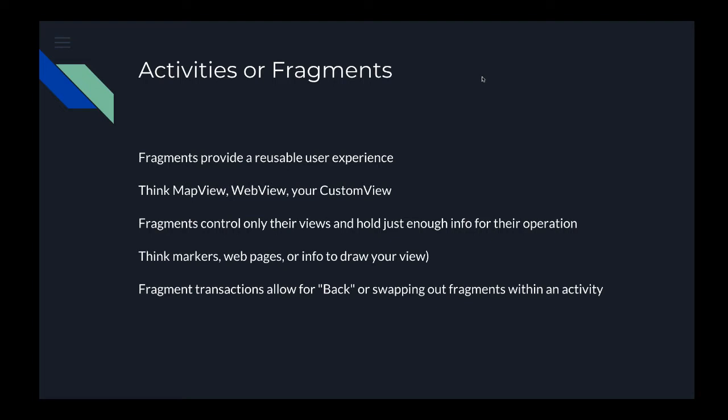So think about it this way: you have a URL bar, which is an edit text basically at the top, that will communicate to the web page at the bottom part of the activity and say, this is the URL that I want you to go to. And so the web page doesn't need to know anything about an edit text, because you might have a custom edit text.